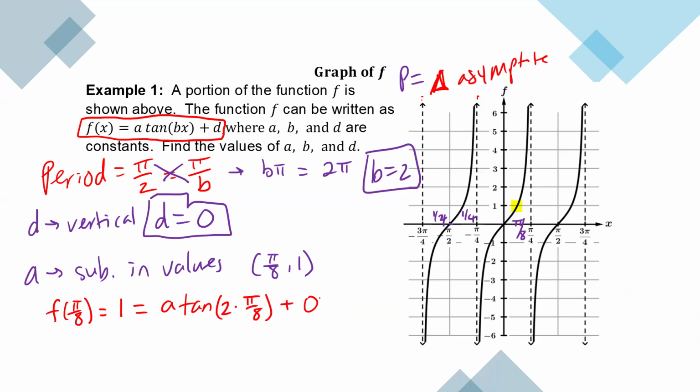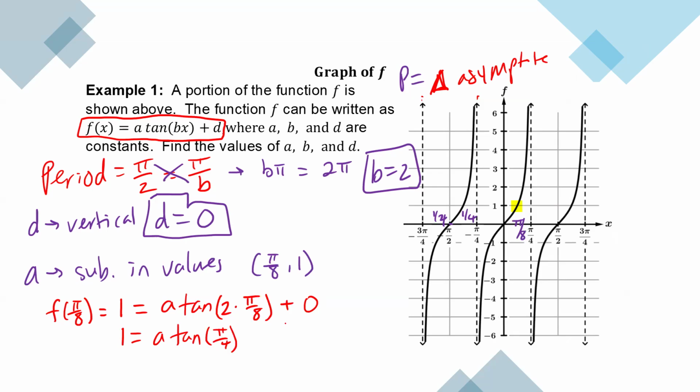And then you have to evaluate the a. Unlike with sine and cosine, where we could use our max and our mid to figure out our a, with tangent you have to do a little bit more work, okay? Which is why it's imperative that you find your b and your d first. Does that make sense?